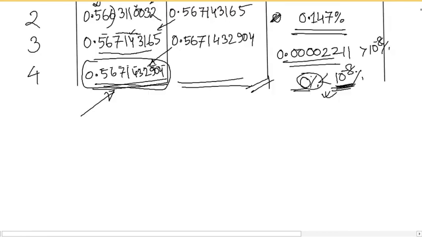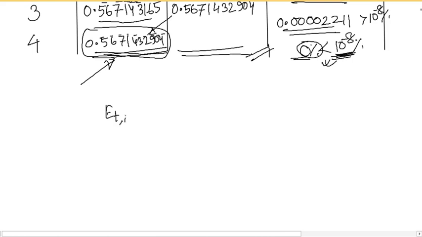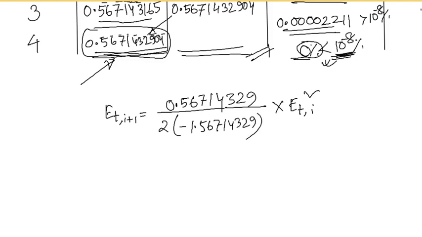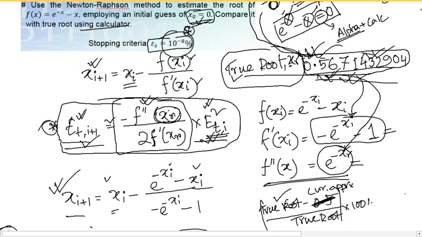So I can write E_t,i+1 equals 0.56714 divided by 2 multiplied by minus 1.56714329, using the true root values in these two functions.